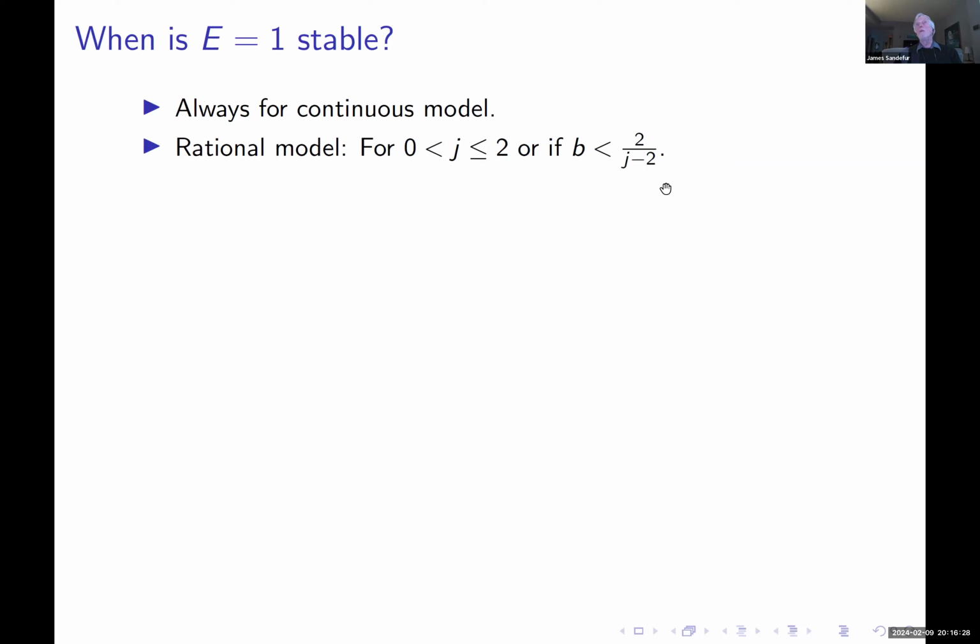Now, I would argue that most species have at least some discrete portion to them, so discrete models might be better. For the rational model, it's interesting. If J is between 0 and 2, then 1 is always stable, and you have a nice bifurcation diagram. If J is greater than 2, then 1 is stable only if B satisfies this particular relation.